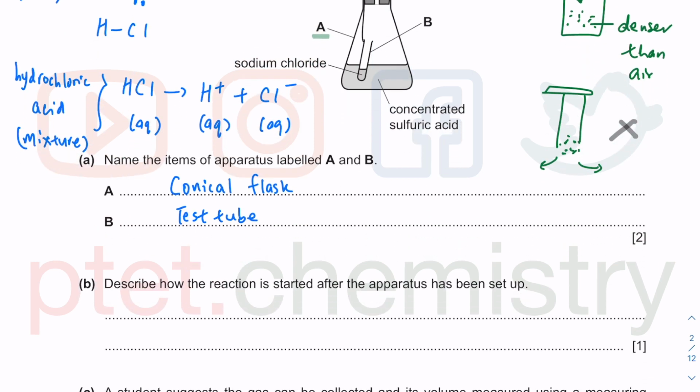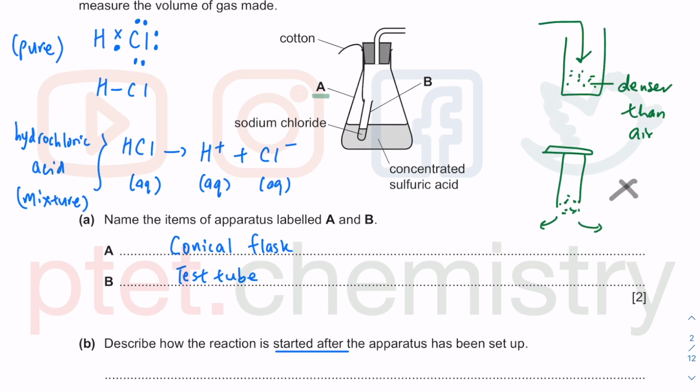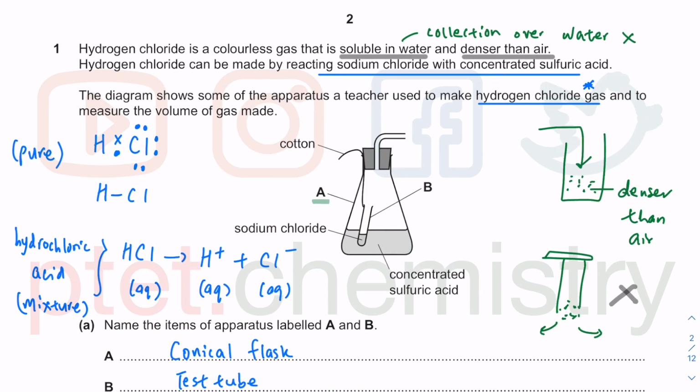All right. The next bit, describe how this reaction is started. As mentioned before, the idea is that when the sodium chloride comes into contact with the sulfuric acid, they're going to start producing this hydrogen chloride gas. You don't want the gas to escape. You want it to be collected directly.